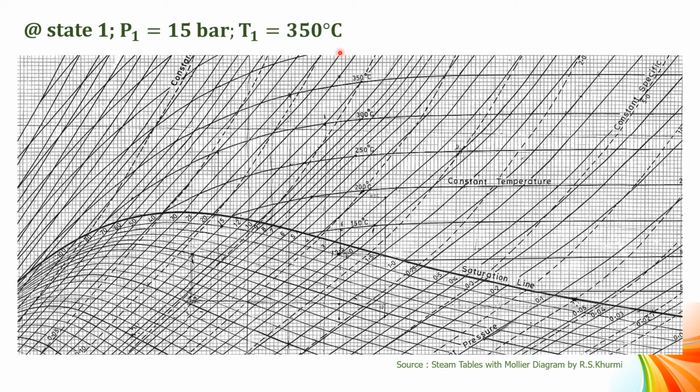For this, we draw the 15 bar pressure line and the temperature line of 350 degrees centigrade. Both lines intersect at this point. This point is above the saturation line, so the steam is in superheated condition.